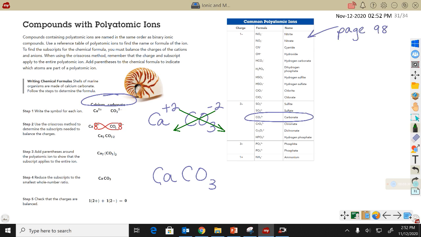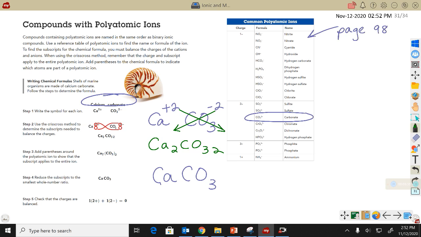If all I did was crisscross the 2 and wrote Ca2CO32, then it looks like there's 32 oxygen. That'd be a lot of oxygen, right? Well, that's not what I'm looking for.